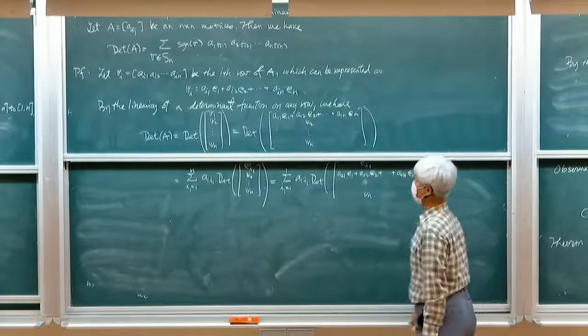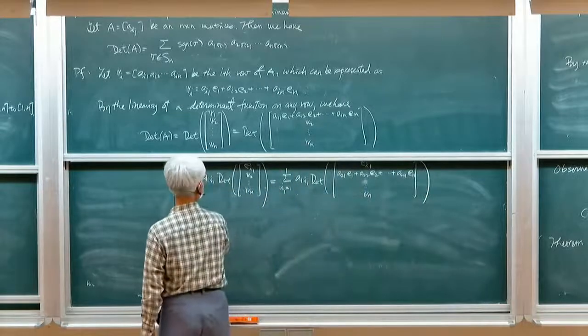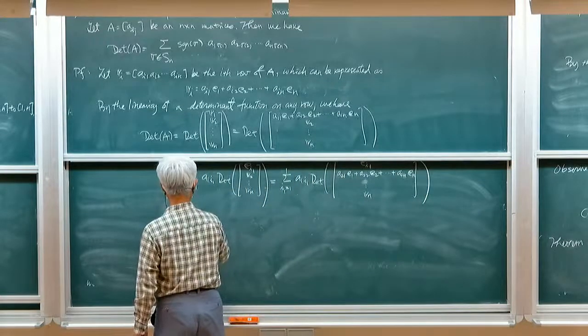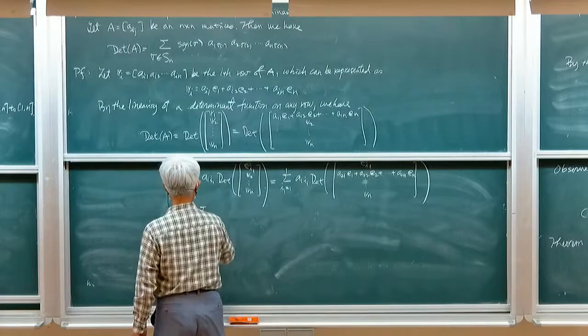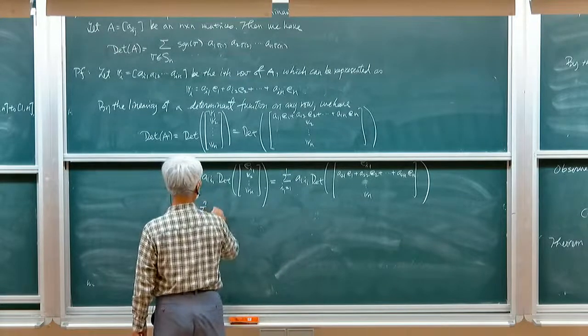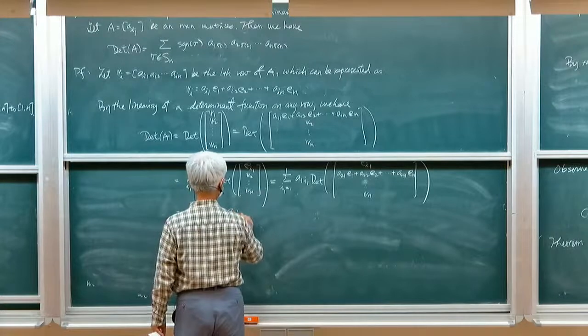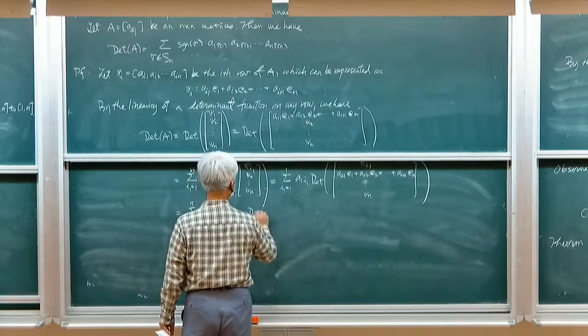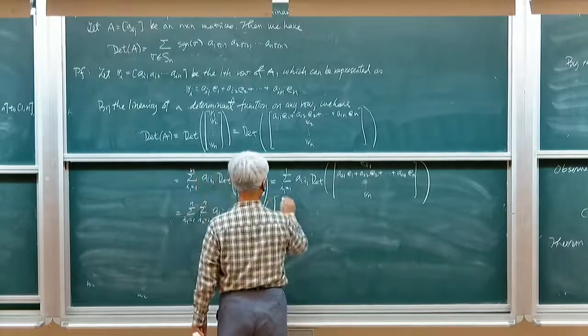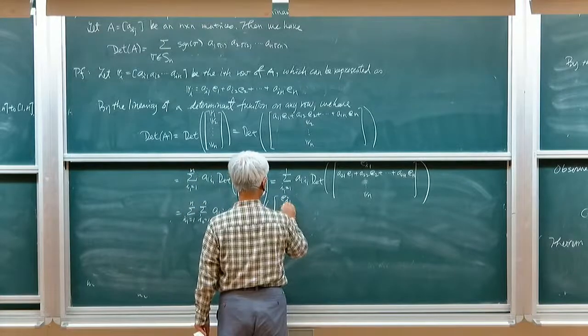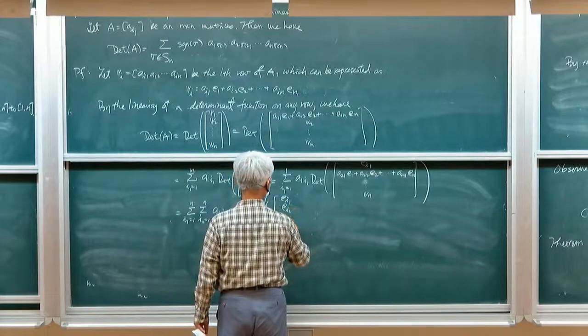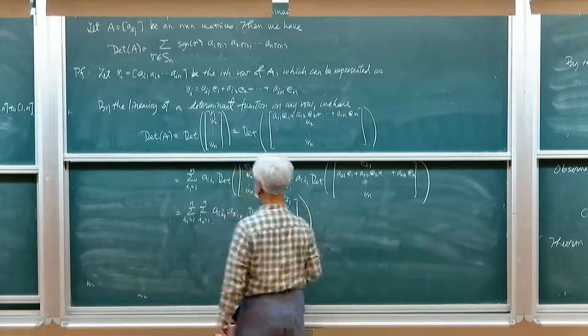So again, by linearity, we have the summation over i1 from 1 to n, summation over i2 from 1 to n, a1,i1 and a2,i2, and the determinant of e,i1, e,i2 up to Rn.